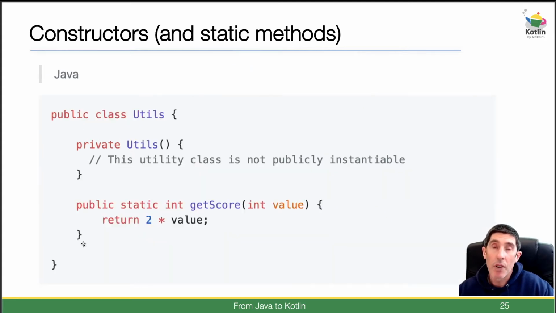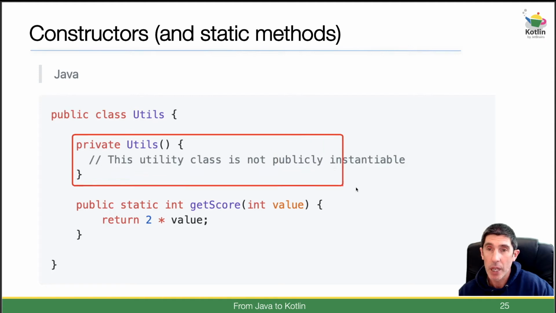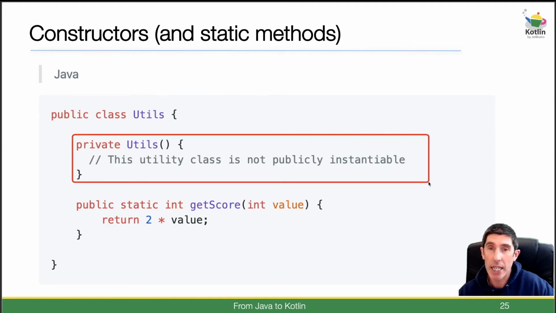In terms of classes, this example here is just constructors and static methods. Now, there's no actual static keyword and static type objects in Kotlin. So to get around that, what's called a companion object, which we'll have a look at in a minute. But in our Java days, we might have said something like this: public class Utils, and we have a private constructor so that we can't instantiate it outside of the class.